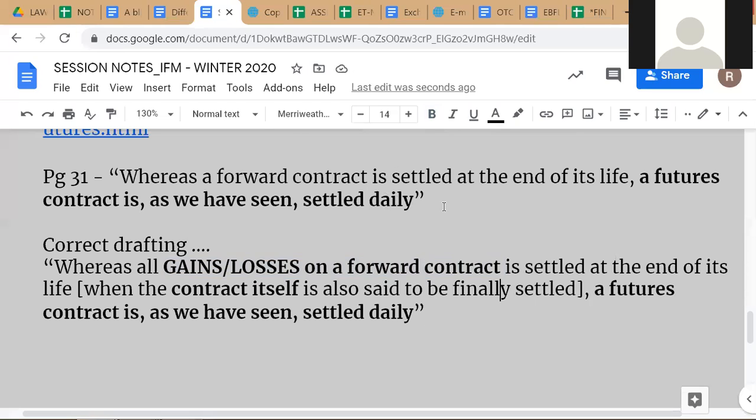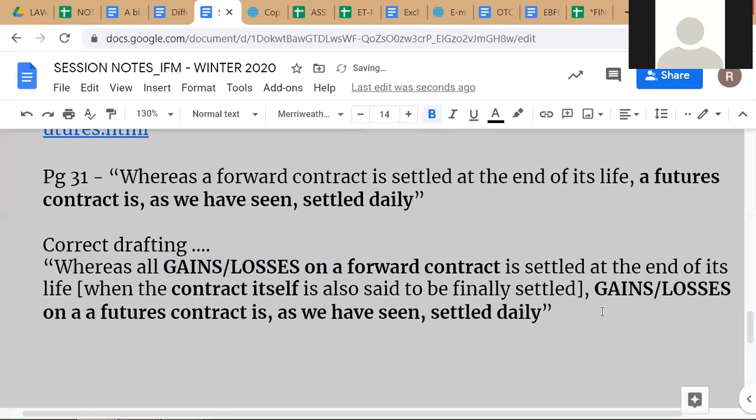The correct drafting should have been that gains and losses on a forward contract are settled, and should be are, but I'm just forgetting the grammar right now, are settled at the end of its life. Okay, when the contract itself is also said to be finally settled. This is how it should be worded.